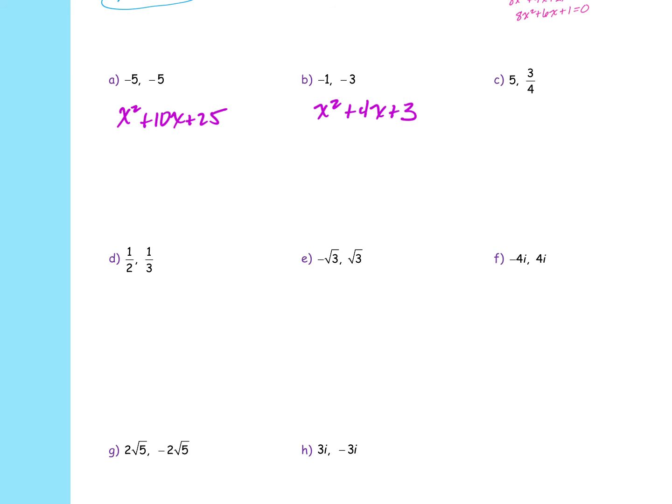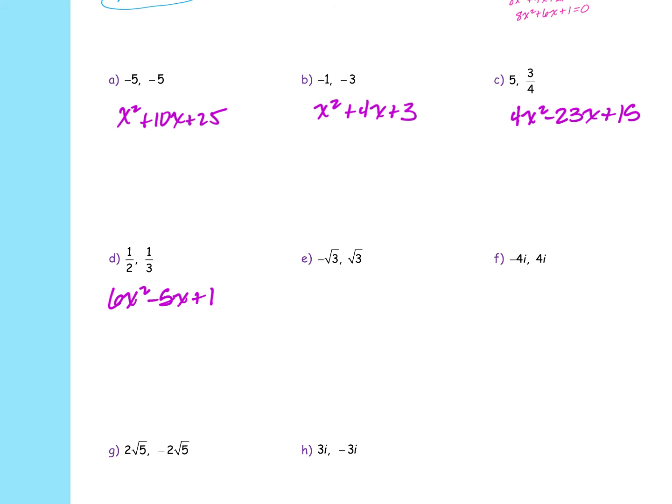And C is 4x squared minus 23x plus 15. D is 6x squared minus 5x plus 1.